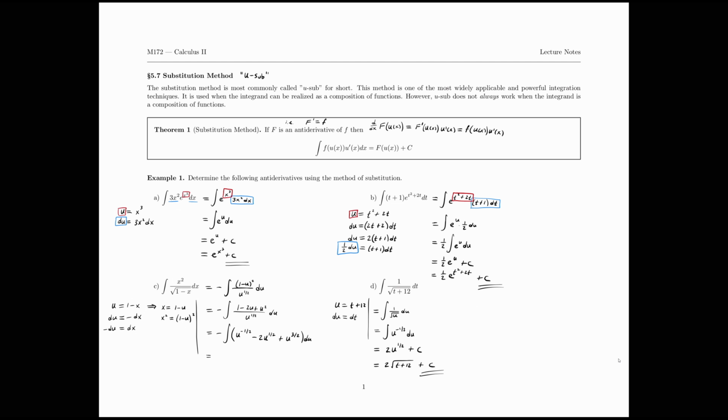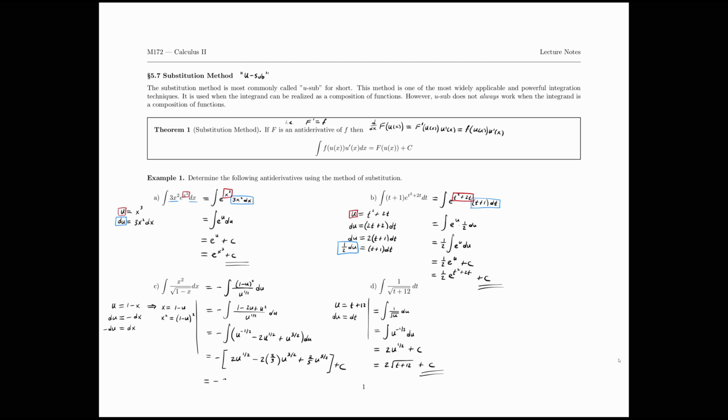And integrating from there, leaving that negative all the way out in front. So I'm using the power rule a bunch of times. Let's see, we'll get a 2/5 u to the 5/2 plus c. And of course we can simplify and back substitute.